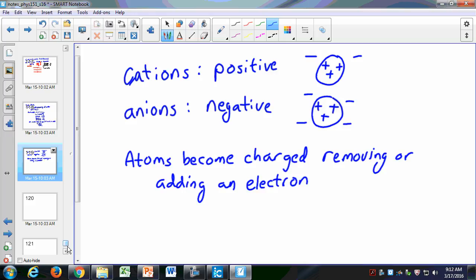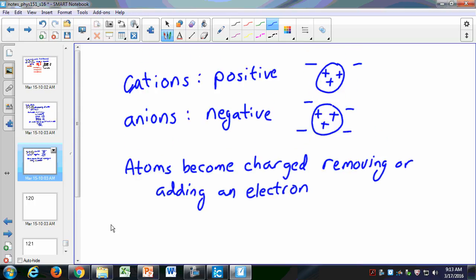The reason is that protons are very tightly bound in the nucleus, and so it's very difficult to actually remove a proton from an atom. If you have a cation, it's positively charged not because you've added a proton, but because you've stripped away an electron. Similarly, for an anion, it's not negative because you've removed a proton, but because you've added an electron. So these are positive or negative based on what you do with the electrons.